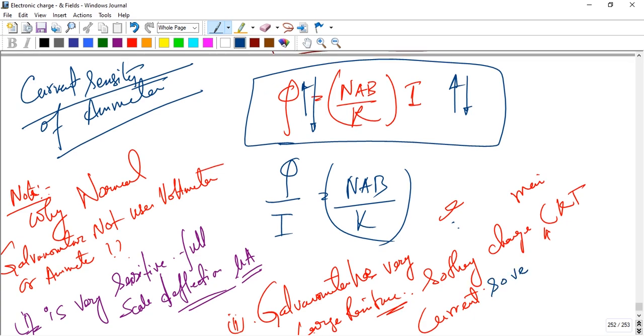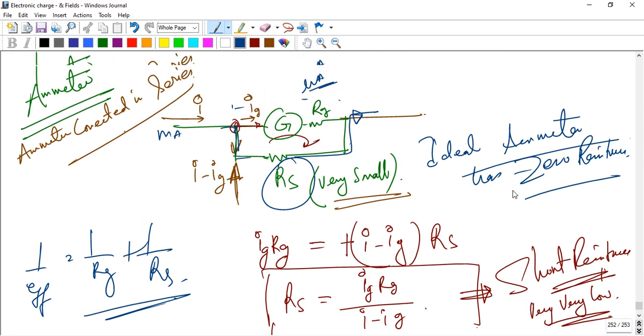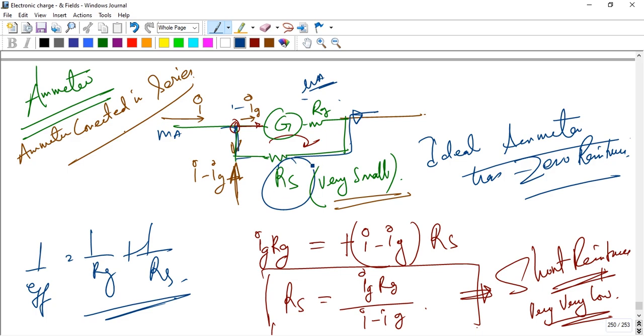So a very small, almost zero resistance is connected in parallel. If a small resistance is connected in parallel, the maximum circuit current passes through that resistance. So the main circuit current is almost the same, with an almost negligible change. That's why a shunt resistance, a very small value of resistance, is connected in parallel.